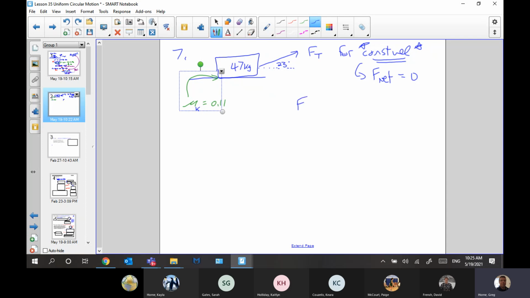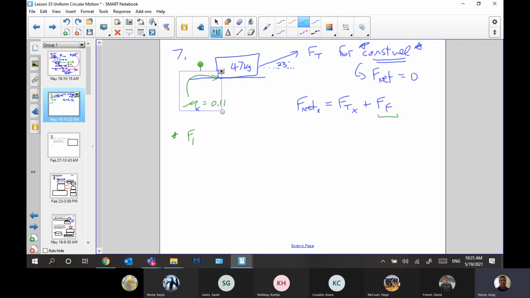So Fnet in the x direction, it's 0 in all directions, but what do we have in the x direction? We've got an applied force, so the Ft x component, and we've got a friction force, right? In order to get this friction force, we need to recognize that we have to analyze the vertical stuff.